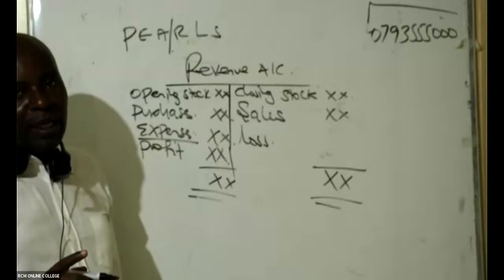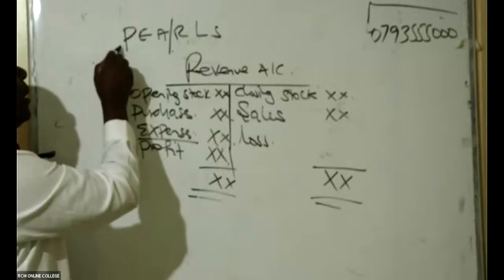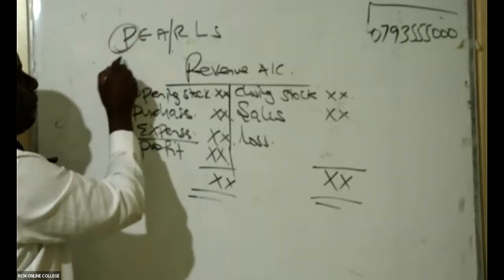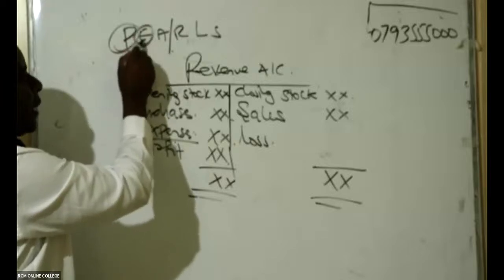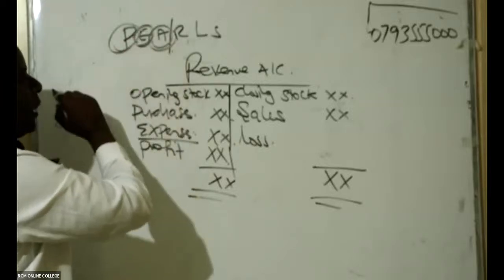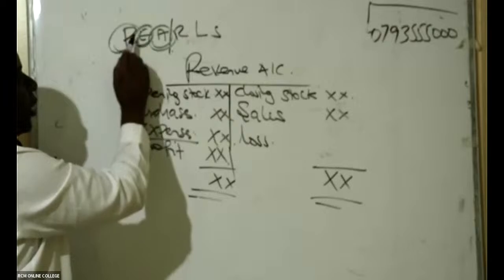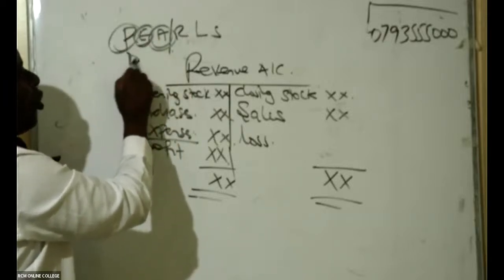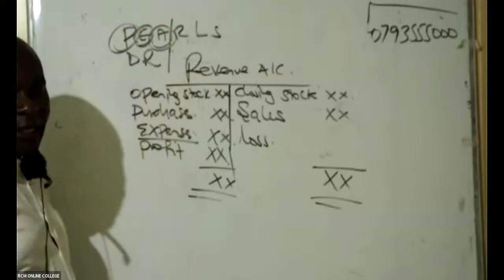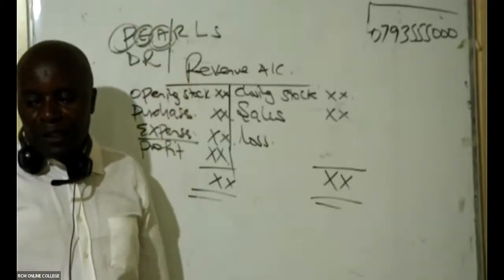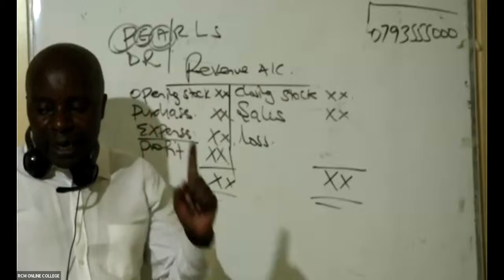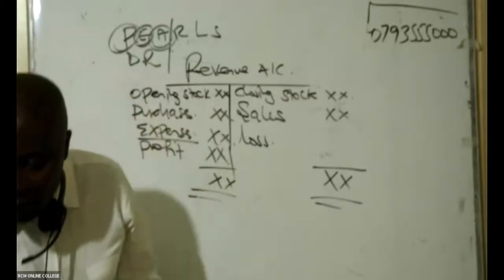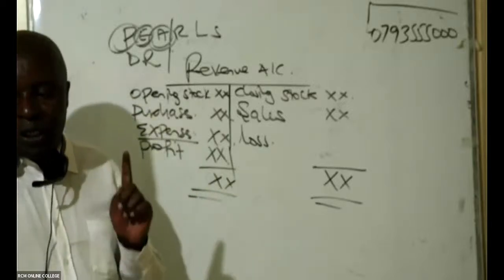These stand for purchases, expenses, assets. Please write that down. So these are purchases, expenses, and the assets. They shall always be debited whenever they increase.